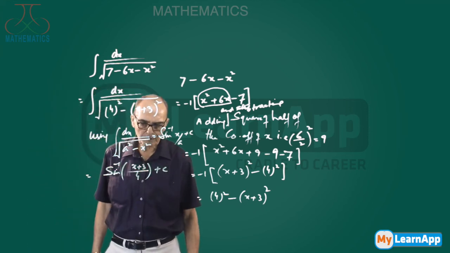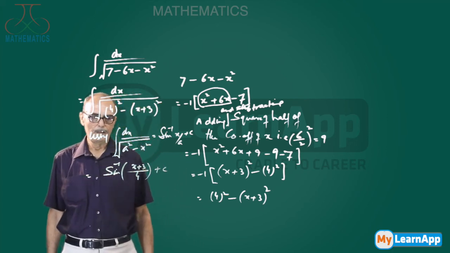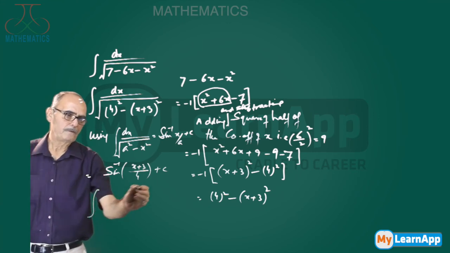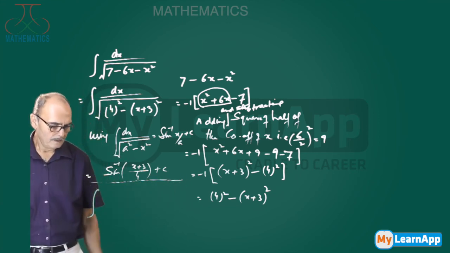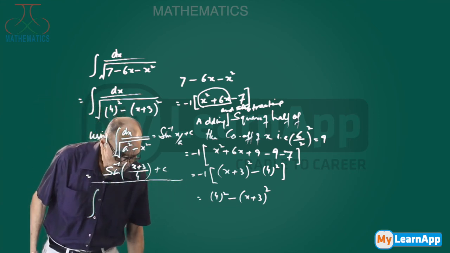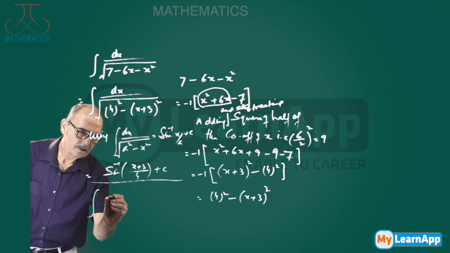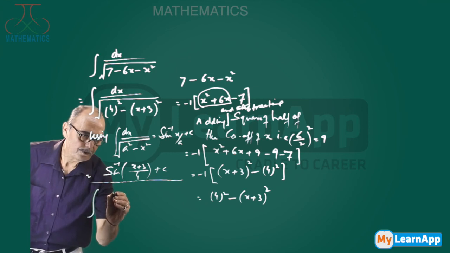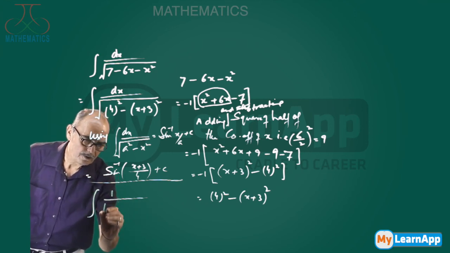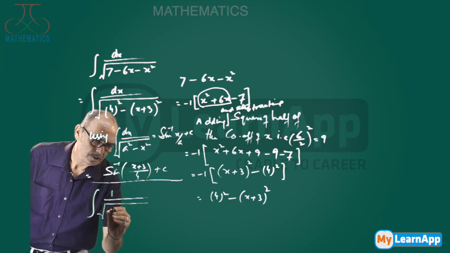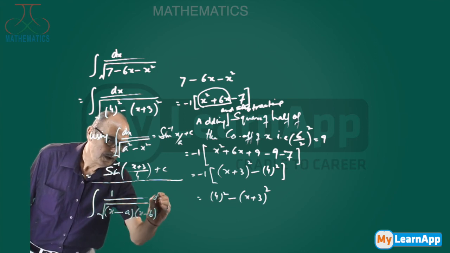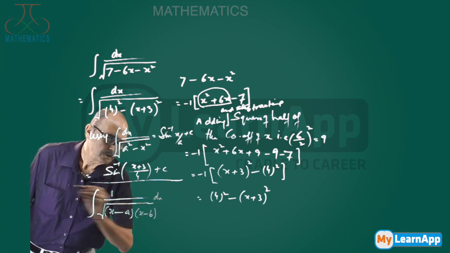Likewise, we take up the problem now. Integral, next problem will be dx, or 1 upon under root x minus a to x minus b and d of x under the root.